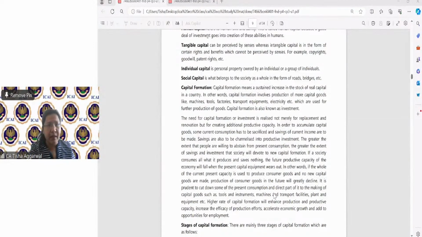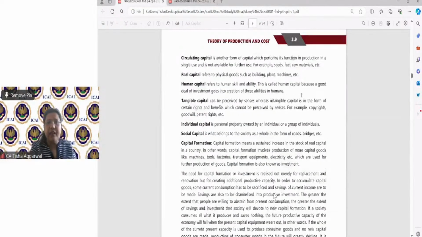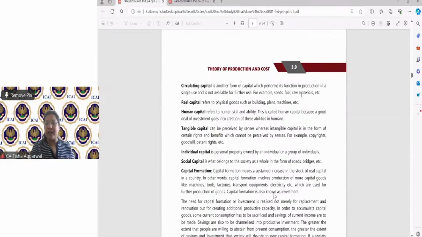In labor characteristics. Yes, Parul, what is the doubt in the labor capital? Okay. Point number 4. And circulating capital. Perfect. 1 second. First, I'll take the doubt circulating capital. What is circulating capital? What do you mean by the literal word circulating?